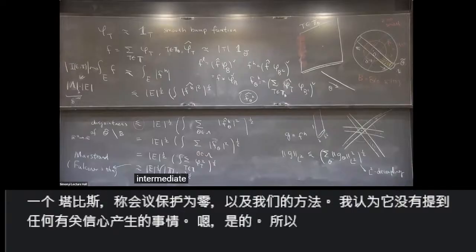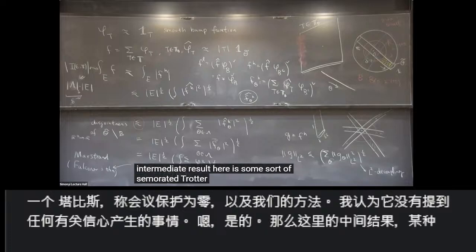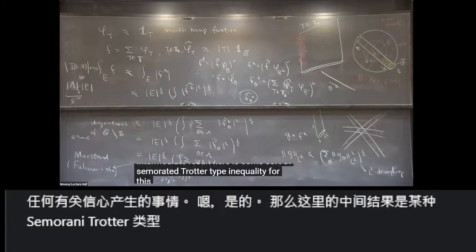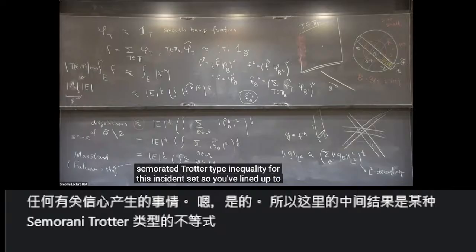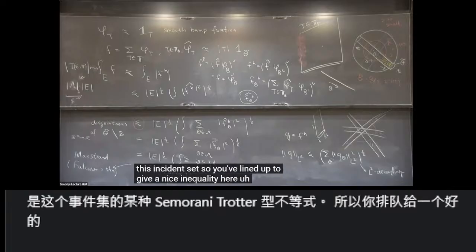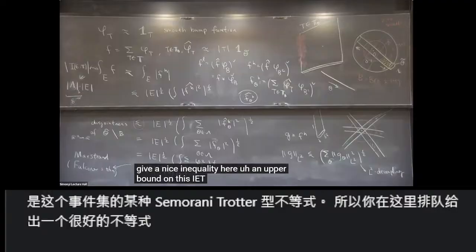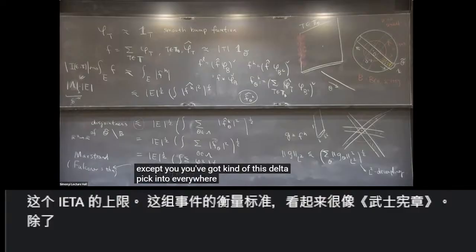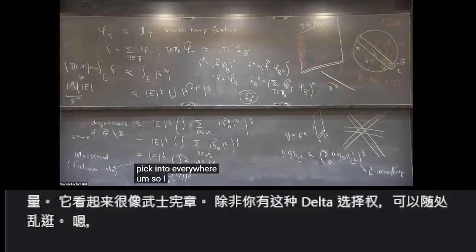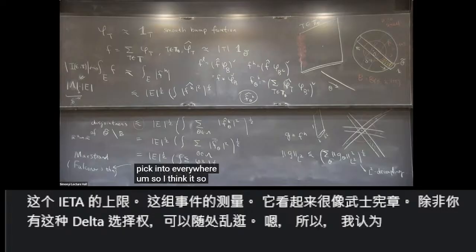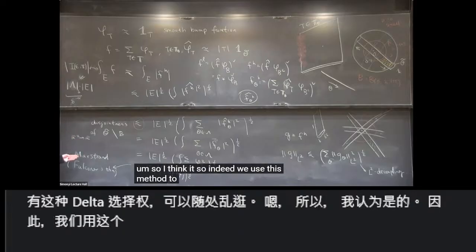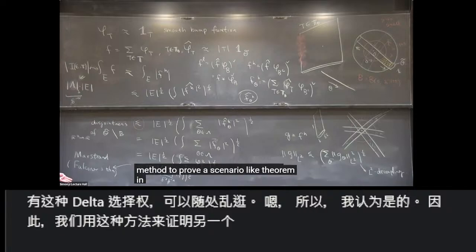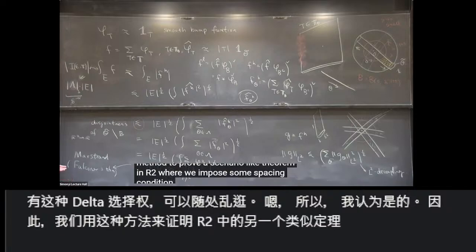Is an intermediate result here some sort of Szemerédi-Trotter type inequality for this incidence set? You've lined up to give a nice upper bound on the measure of this set of incidences. It looks a lot like Szemerédi-Trotter, except you've got this delta thickening everywhere. Indeed, we use this method to prove a Szemerédi-Trotter-like theorem in R2, where we impose some spacing condition between the tubes.